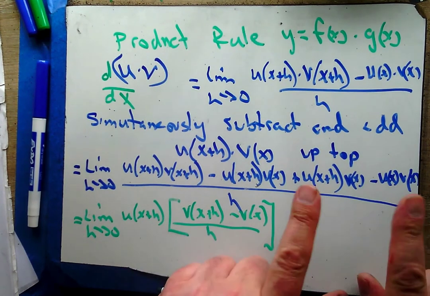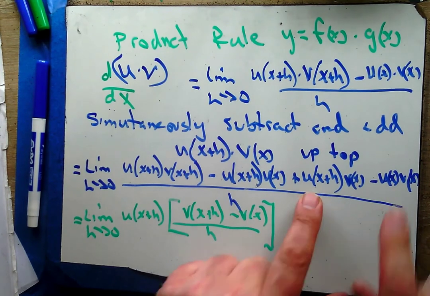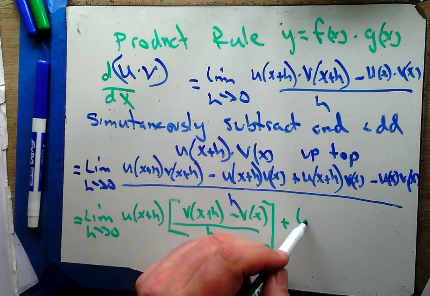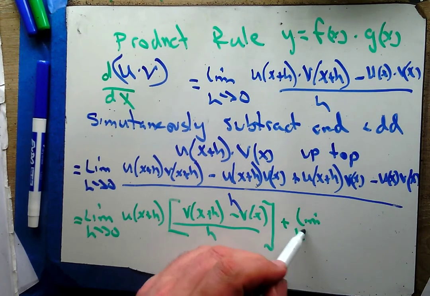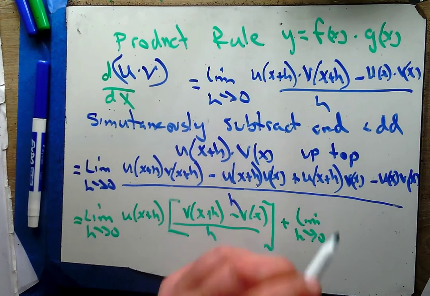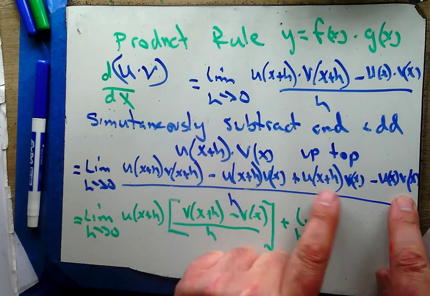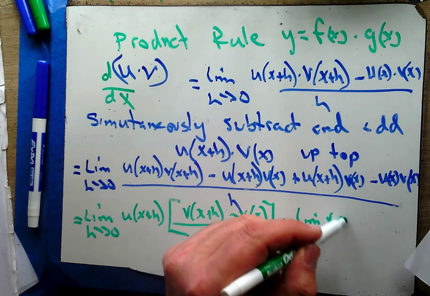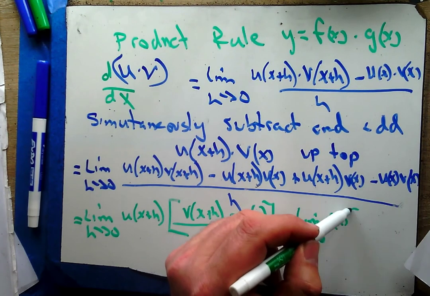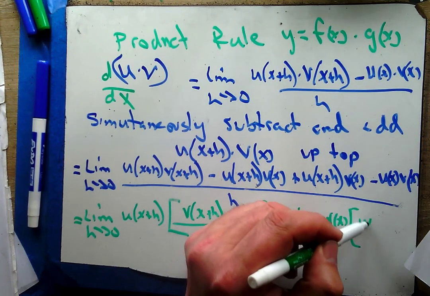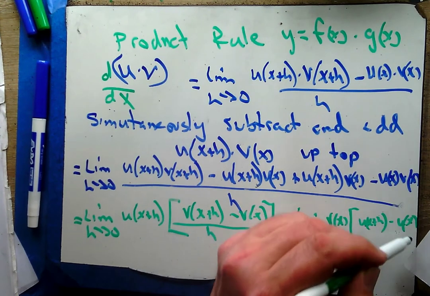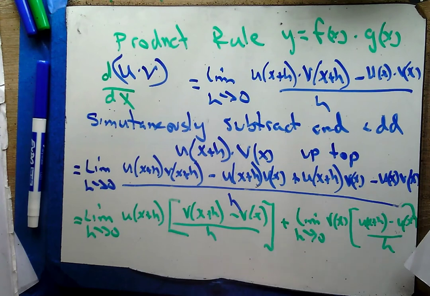Now I want to do the same process over here. So now I'm going to have plus the limit as h heads to 0 of, and what can I factor out of these two? I can factor out a v of x. So I take out my v of x, and I'm left with u of x plus h minus u of x all over h.